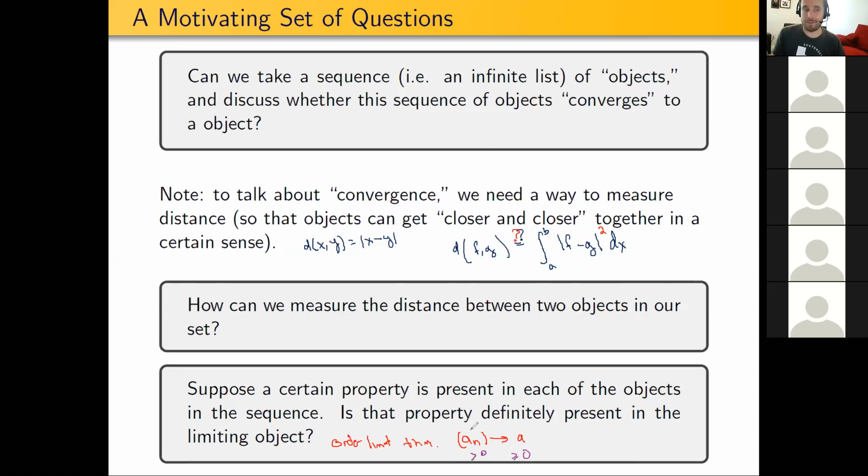Non-negativity was a property that carried through a sequence, while strict positivity was not. And we can ask ourselves in these more abstract spaces, what properties am I interested in, and can a property that's present in a sequence of objects carry through into the limiting object? That's often a really interesting question.